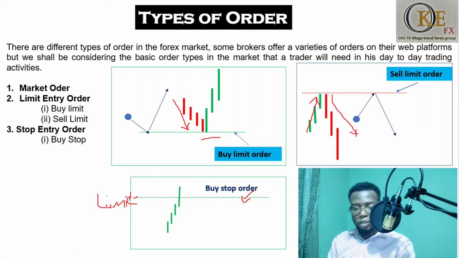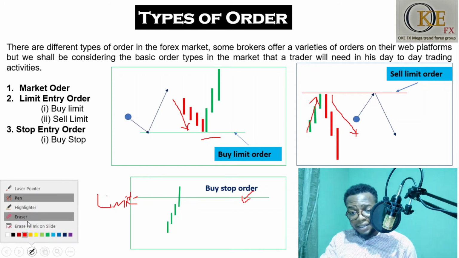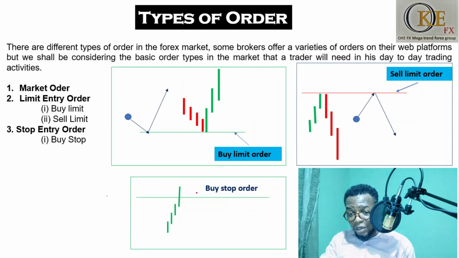Now, look at what I'm talking about. Notice here in the buy limit order, price was falling, so the limit order is below price. Are you seeing it? But in the buy stop order, the order was above price.